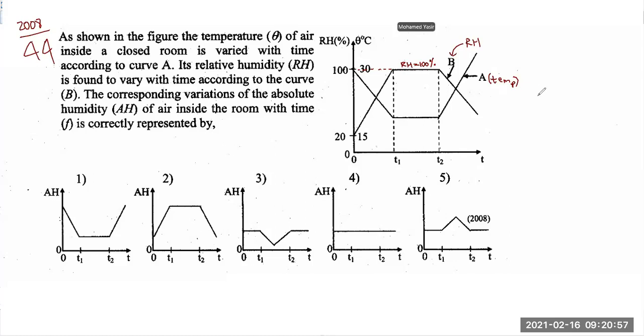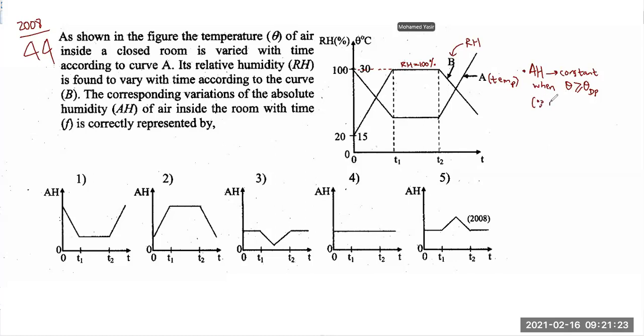Before anything, absolute humidity will remain constant. First point, absolute humidity will remain constant when your temperature is equal to or greater than dew point. Careful, when the temperature is equal to or greater than dew point. If the temperature is equal to dew point also, AH will not change. Why?